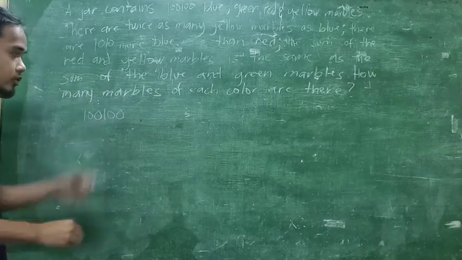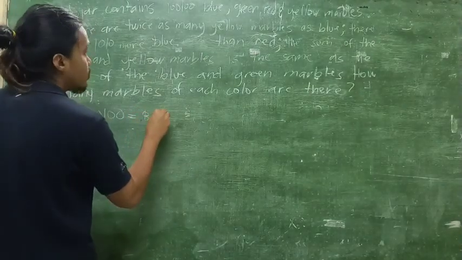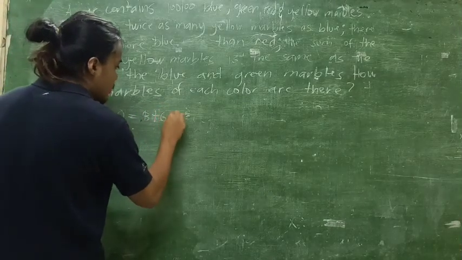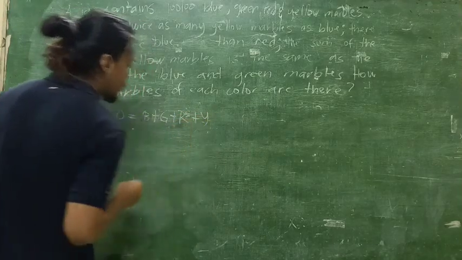And you say 100,100 is equal to blue plus green plus red plus yellow marbles.